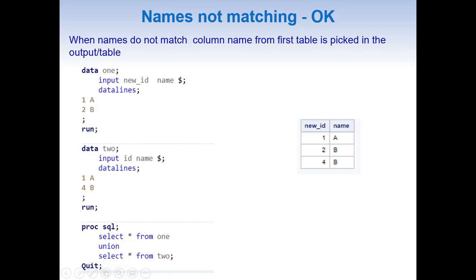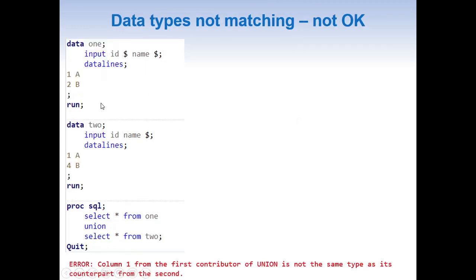Now let us look into another property. Here we have the same data sets and everything is same. The only thing we have changed is the data type for id. Here we have a character, and here we have a numeric variable.